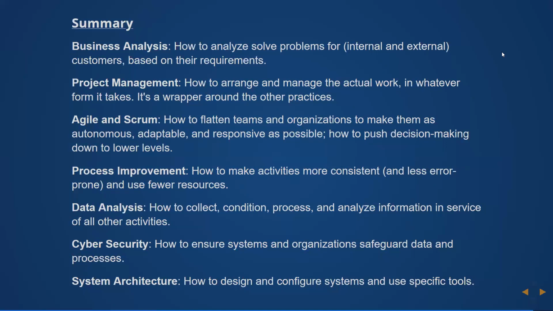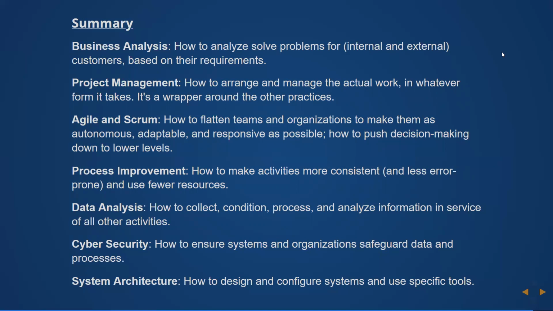Project management is how to arrange the actual work. It's a wrapper around the other practices. Agile and Scrum are really about how to flatten teams and organizations to make them more intelligent at lower levels.